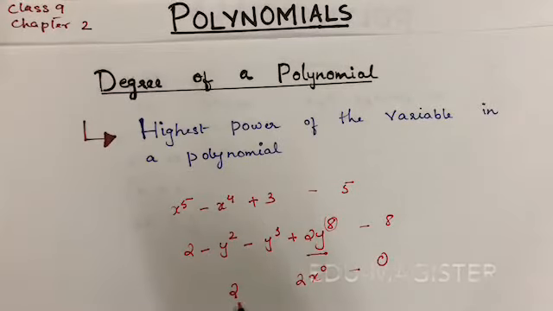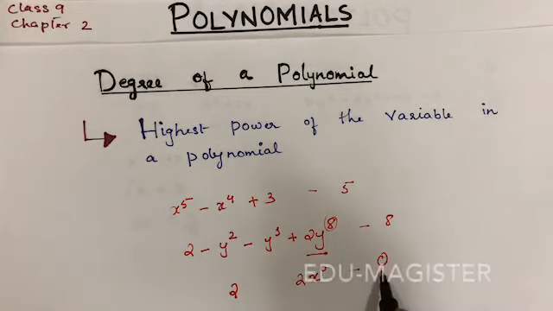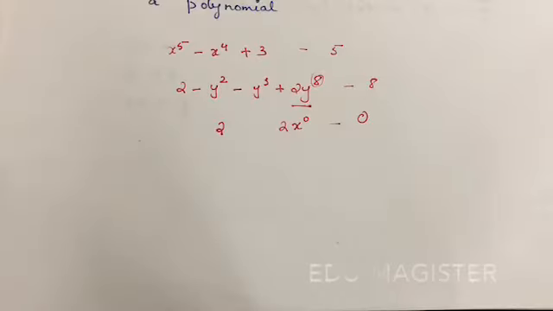What about the degree of the constant polynomial 2? This polynomial can also be written as 2 into x raised to 0. Here, power of the variable is 0. That means degree of this polynomial is 0.